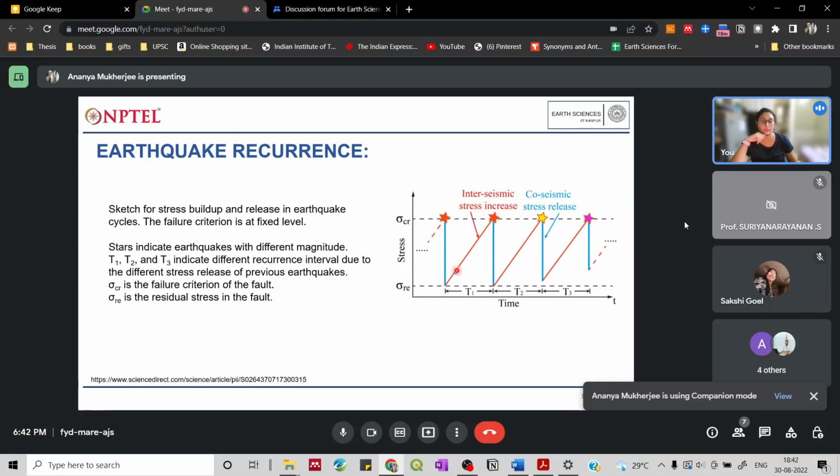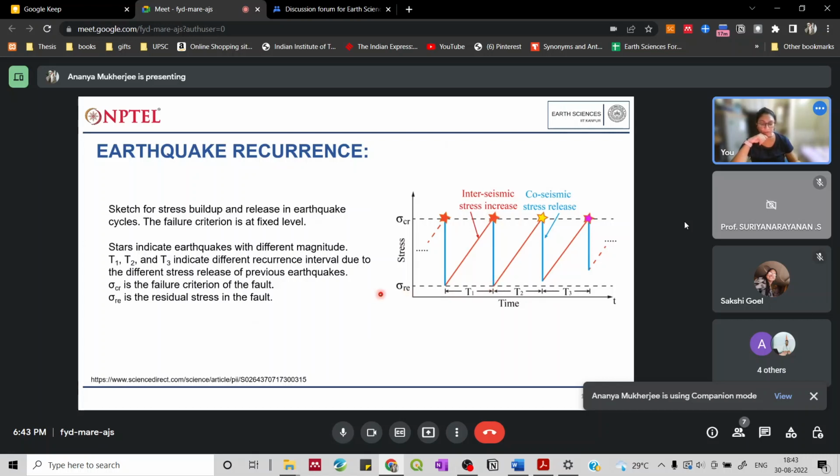It keeps rising, and when the stress reaches the failure criterion, which corresponds to the strength of the rock along the fault that is present, the fault fails. Suppose the strength of the rock is high. Then it can accommodate much more stress before it fails and causes an earthquake along the fault. So we see that between two seismic events the stress is increasing, then we have a seismic event and the stress drops.